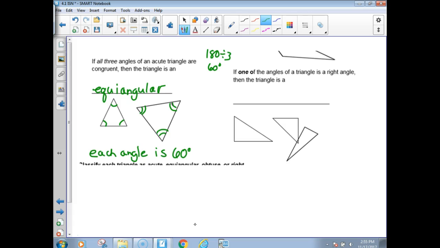Now, think about this. What else do you think is true about this triangle? If all those angles are equal, what else might be true? What does it look like?